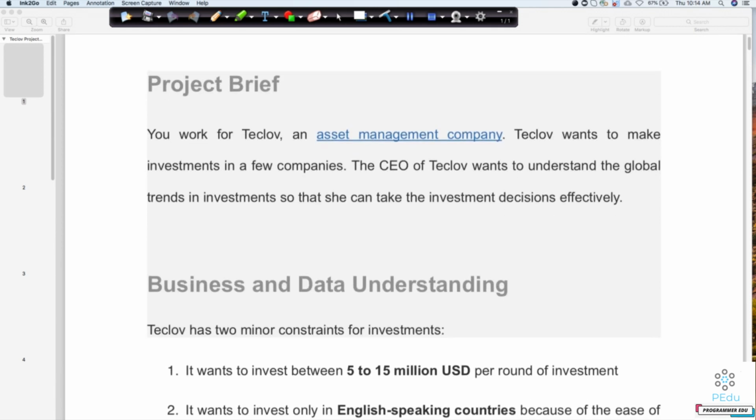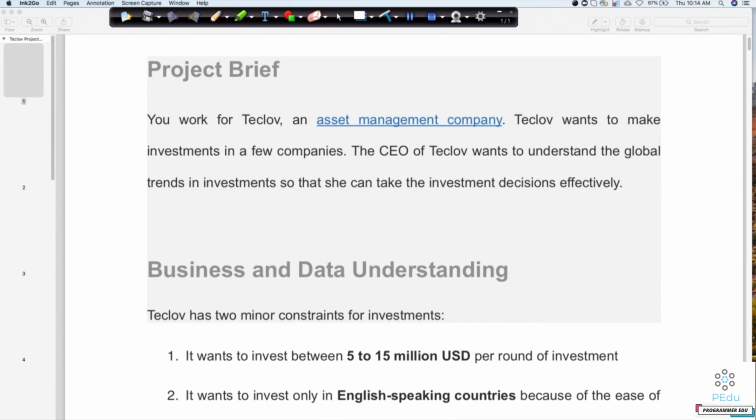So let's understand. Let's say you work for a company called Teclov, which is our company, and let's say that this is also doing something other than education, which is asset management. You can think of it like investors who come and invest into some other companies.